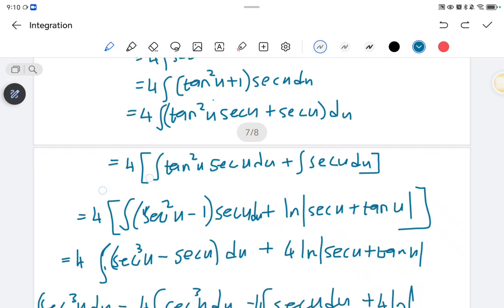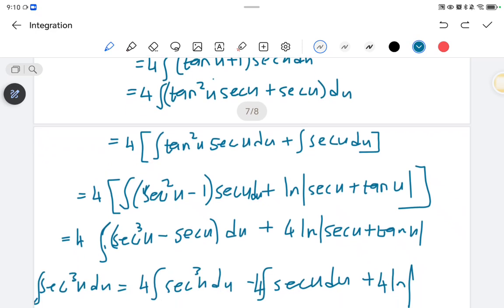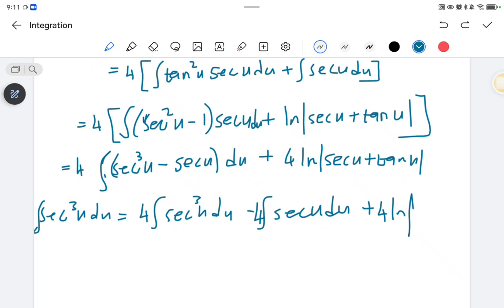Yeah, I think this is the easiest, because the other one is going to take us to use integration by parts, and I don't want to use by parts here. It's going to be too long. Like this.